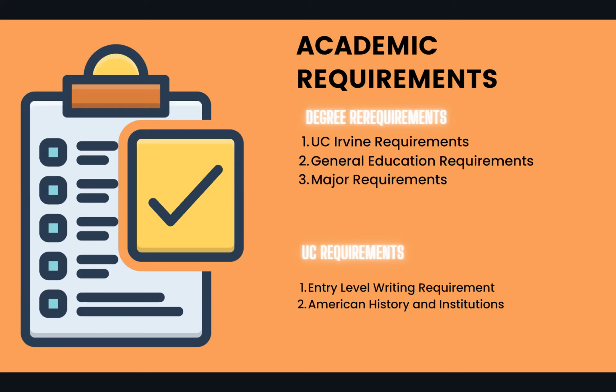That's not something that the advisors here at UCI would certify for you. You would need to go back to your community college and have the community college certify that you're either IGETC complete or that you have partial IGETC, and then you need to have that documentation sent to UCI's admissions office. You'll want to do that sooner as opposed to later.